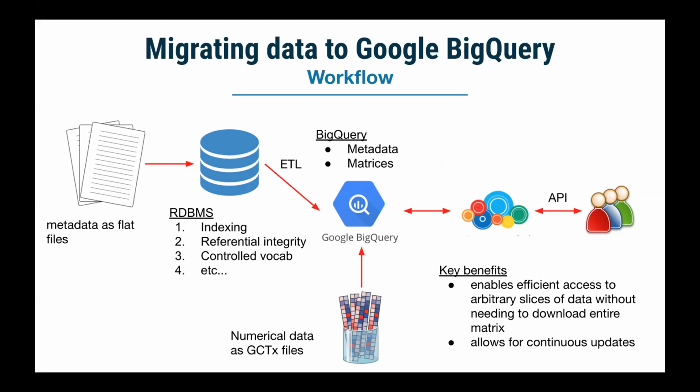So this enables really efficient data access to arbitrary subsets of the data. So you don't have to download the entire data set anymore, although there are some cases where you might want to, but I think we can serve many use cases without needing to do that. And it also allows us to do more continuous updates. So we can get new data out into the public domain faster using this method.